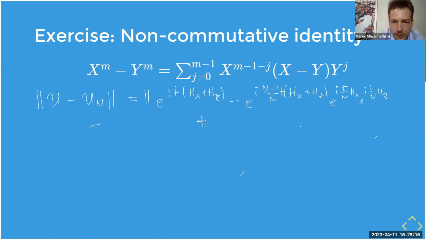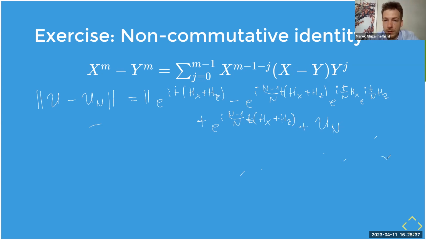And I'm inserting a 0 here, so I need to rewrite this, sorry. But once you see this, this is a very good exercise. So this is t hx plus hz, close the bracket here, and then here plus un.